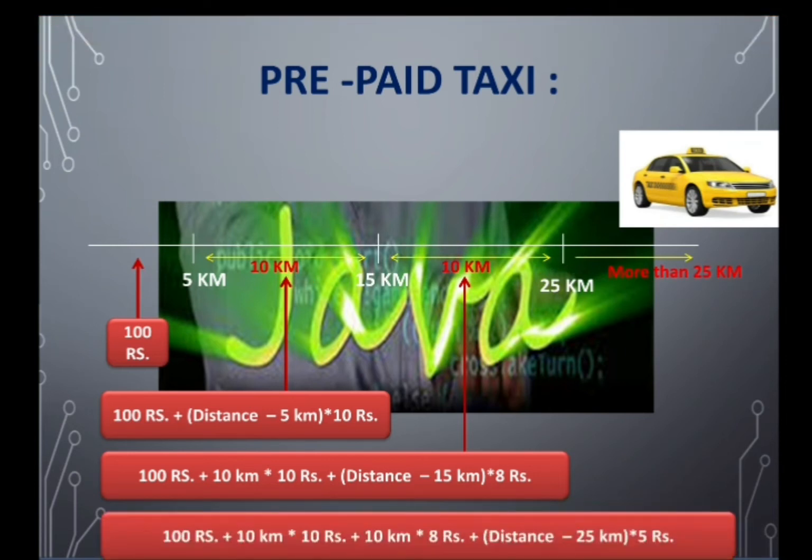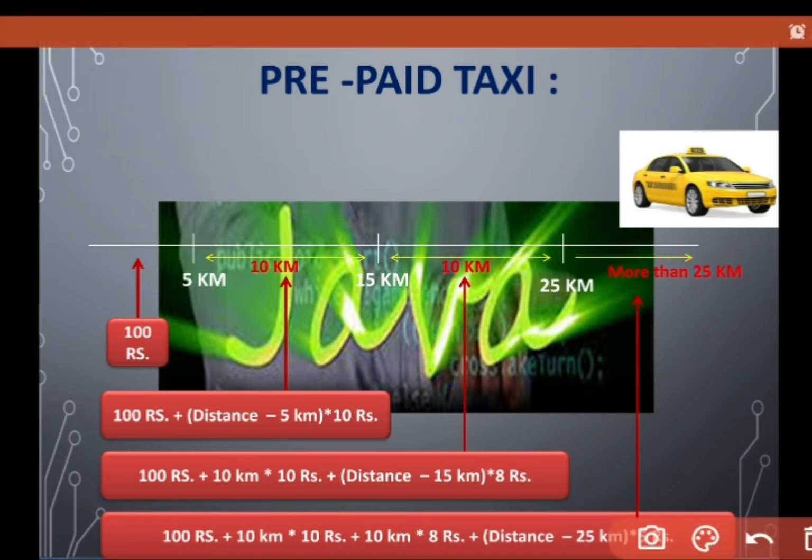Now see, you have to pay in this way. For the first 5 kilometers 100 rupees, for the next 10 kilometers 10 rupees per kilometer, again for the next 10 kilometers 8 rupees per kilometer. And if you are traveling more than 25 kilometers, then what you have to do?